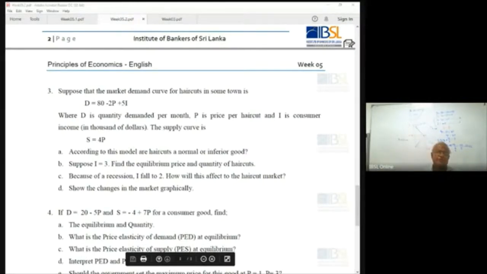In 2008, the US economy had a recession. Income and price level both decrease, right? Recession is defined when GDP reports a negative growth rate for two consecutive quarters.